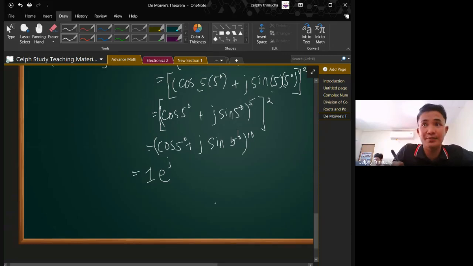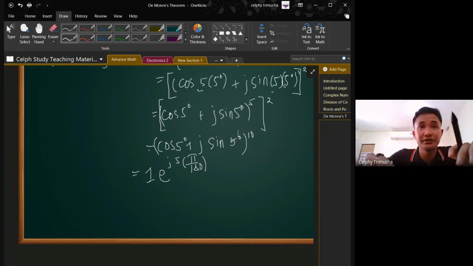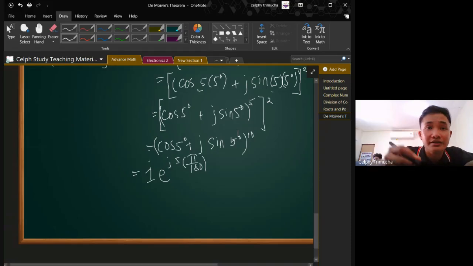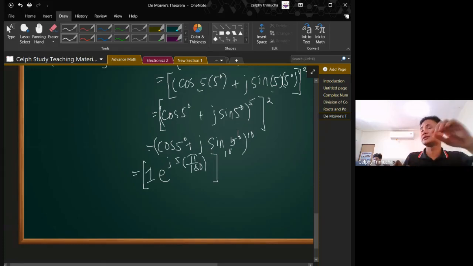Okay, so express in exponential form: j times 5 all over 5 times pi all over 180. So our answer will be raised to the power of 10.